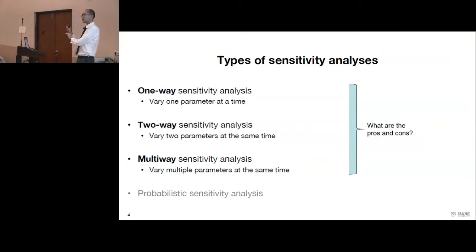And we would look at how the ICER, the ultimate result, varies with changes in every single one of these parameters. Two-way, it's obvious, you just vary two parameters at once. Maybe you would vary the probability of getting the flu and the effectiveness of the vaccine. Multi-way, you just vary many parameters at the same time.